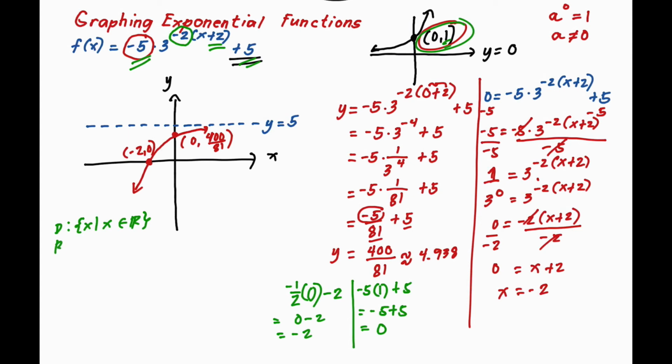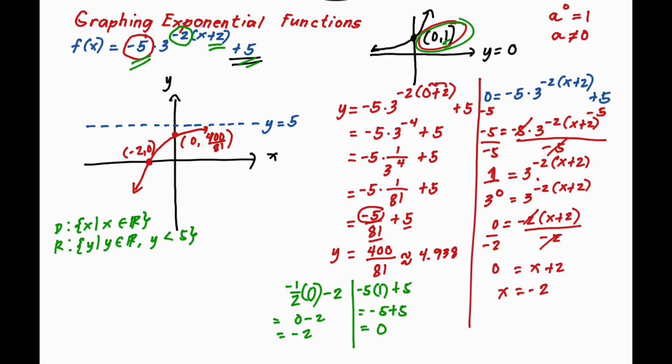And for the range, as you can see, the graph is confined below y equals 5. So the range is the set of all y such that y is an element of real numbers where y is less than 5. It can't be equal to 5 because that's your horizontal asymptote.